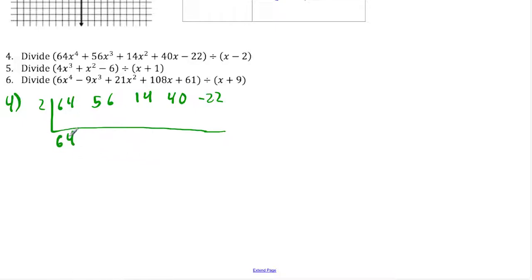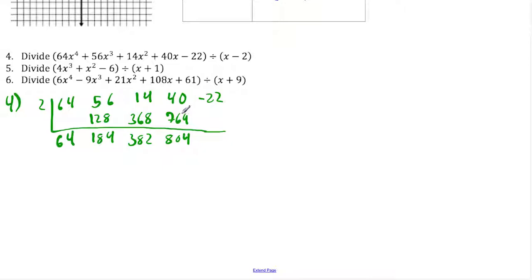So I bring down the 64, and then I do 64 times 2, which is 128. And then I do 128 plus 56, which is going to be 184. 184 times 2 from the outside is 368. 368 plus 14 is going to give me 382. 382 times the 2 on the outside is going to be 764. 764 plus 40 is going to be 804.